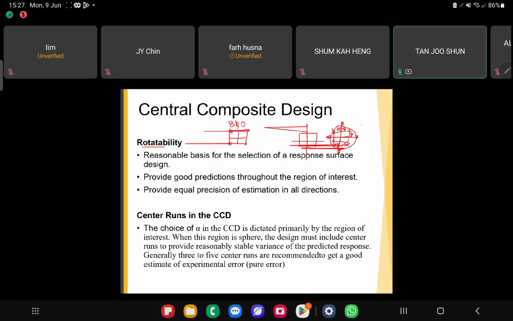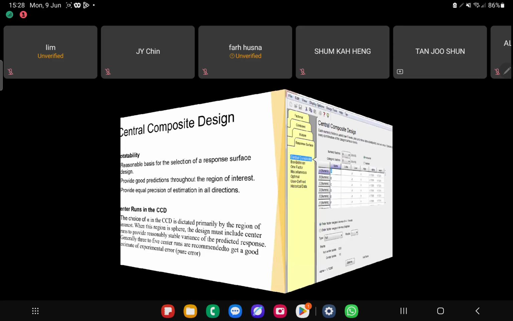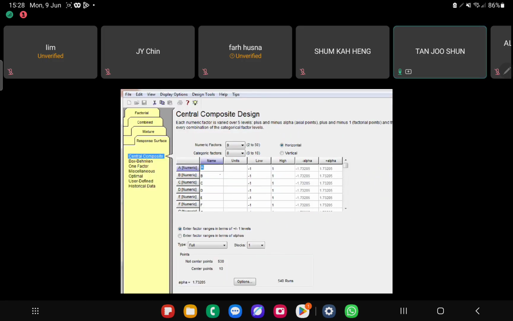That's why when there are axial points, their prediction capability is higher. Okay, more accurate. The precision is higher. Yeah, they have better prediction. So this is version 7.